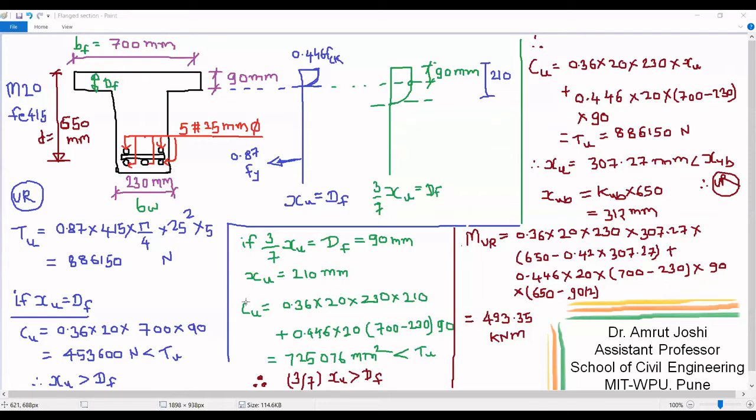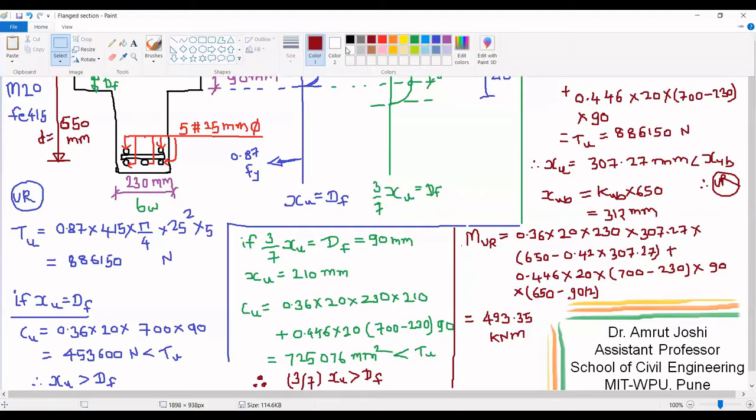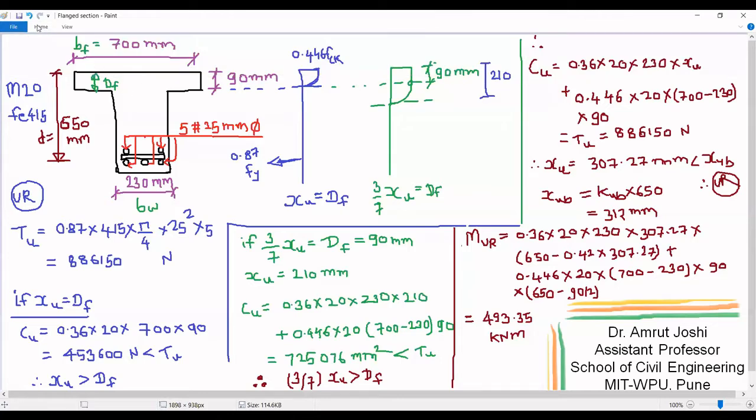Now let us work out the compressive force at failure if 3 by 7 xu is equal to Df. To work that out, we are going to divide this cross section into two zones. Zone number 1 is a rectangle; we have to look at this stress block now.